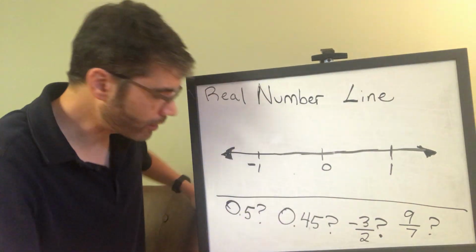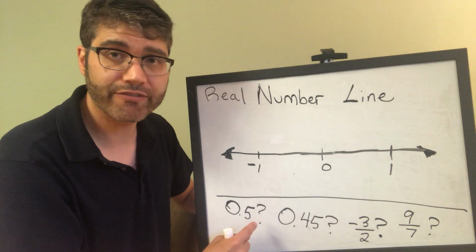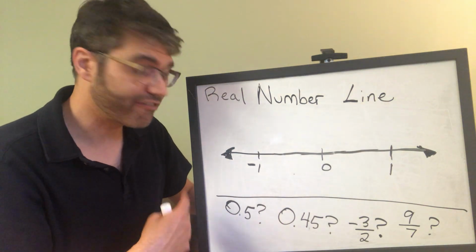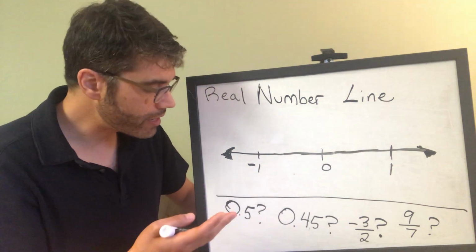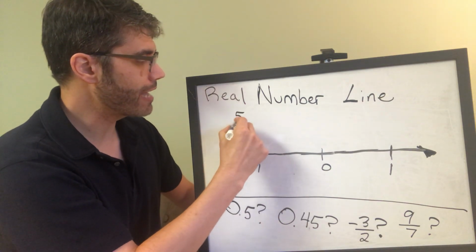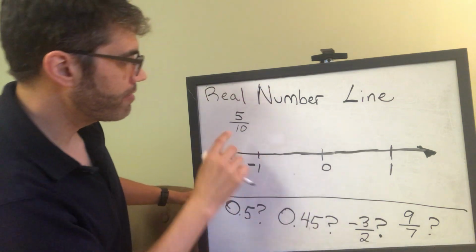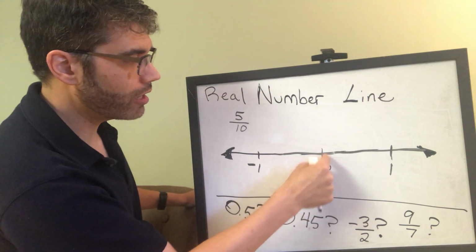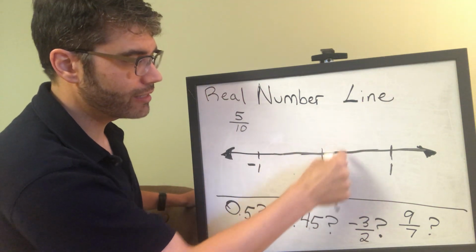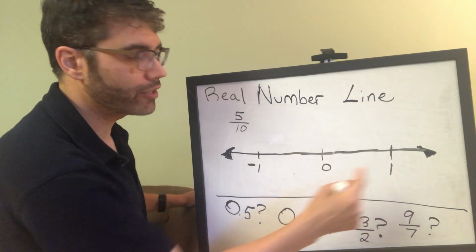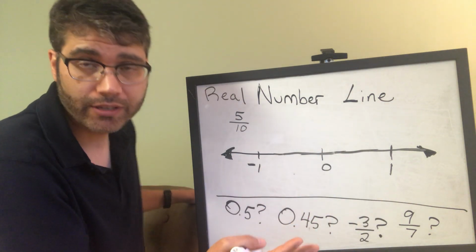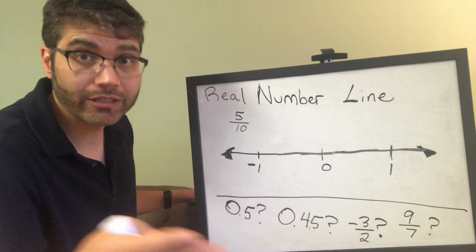So let's start with 0.5, which is named 5/10. A way to think about 5/10 is you could write it out as 5/10. And then that means that all of the sections between 0 and 1 could be put into tenths, into 10 tiny little sections.